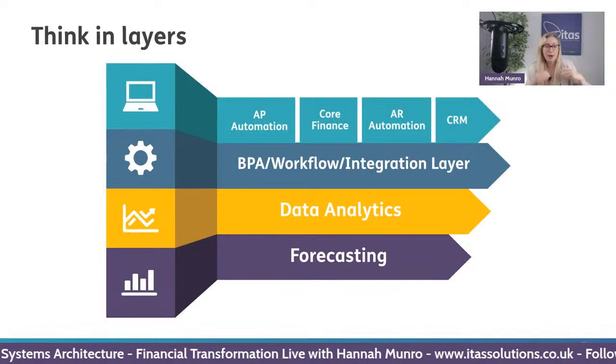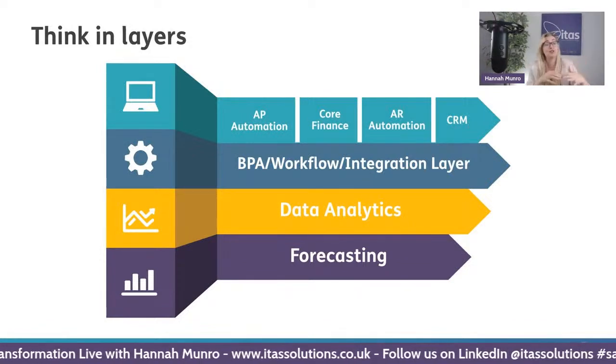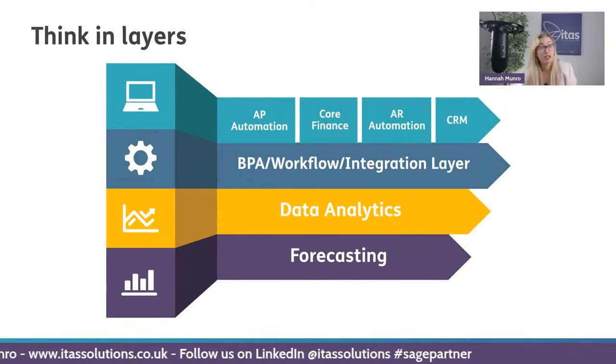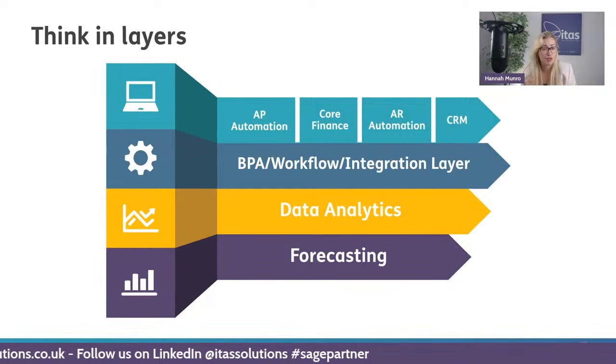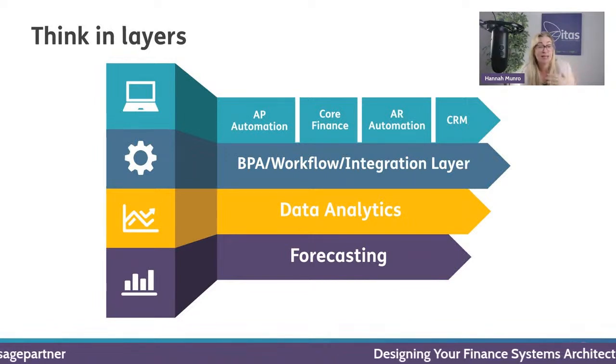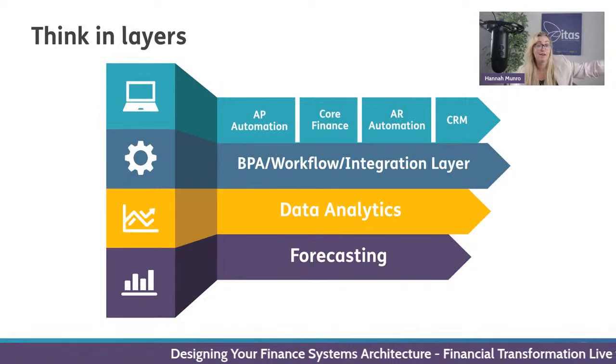Now, my BPA layer may, if I needed it, take data out of Sahara and push that into my finance system. You could use it for EDI. For those that don't know what EDI is, it's electronic invoicing.